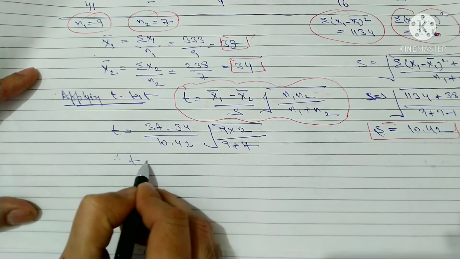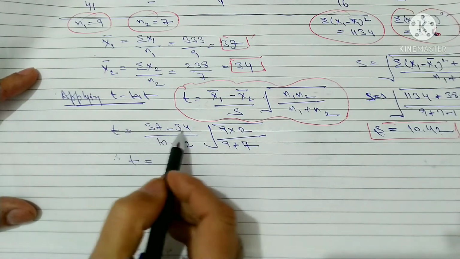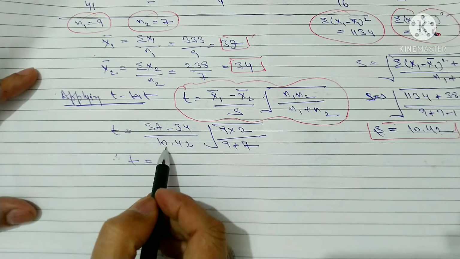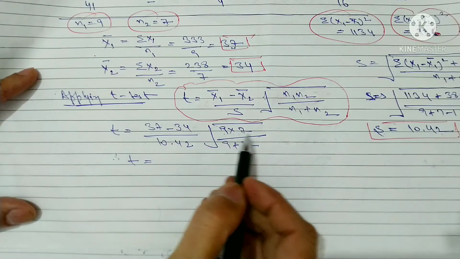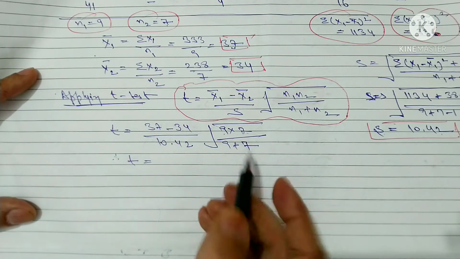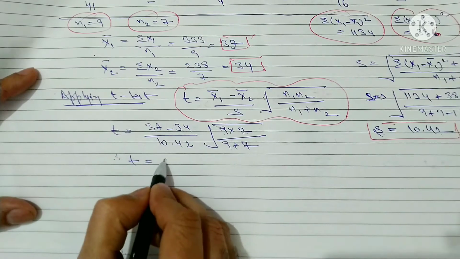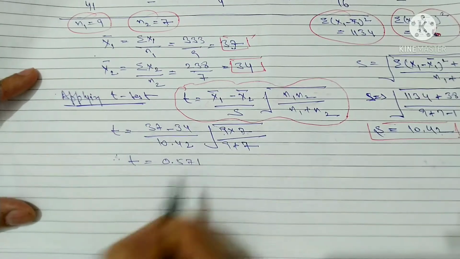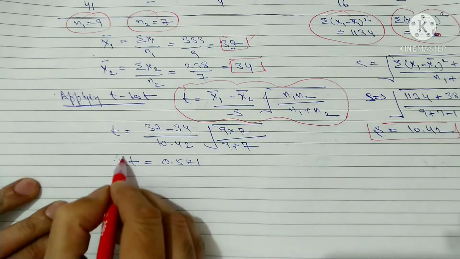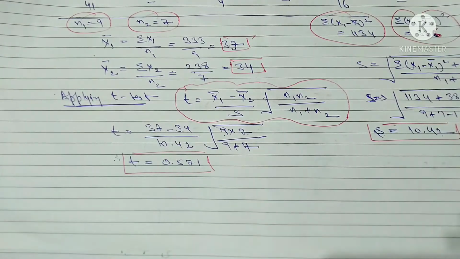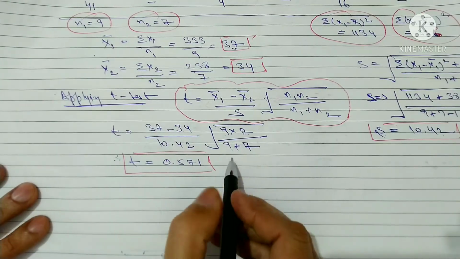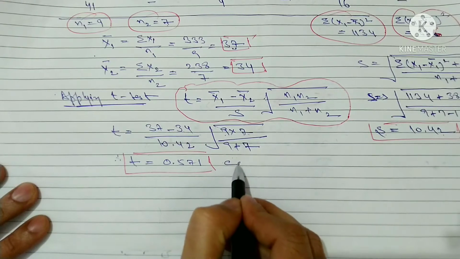Therefore t equals 37 minus 34, which is 3, divided by 10.42 into under root 9 into 7, 63, over 16, which is 0.571. So t equals 0.751. Calculated value.